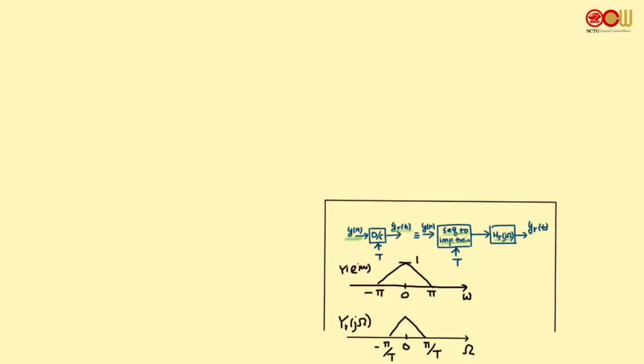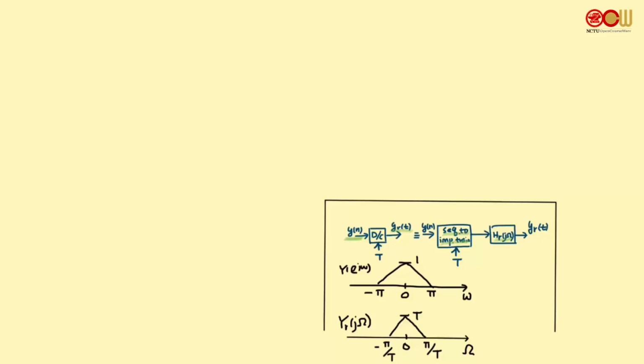Now it's non-zero between minus pi over T to pi over T, and the height here is T. So this is the case when we have an ideal D2C converter. But in practice, this is not how it usually works.